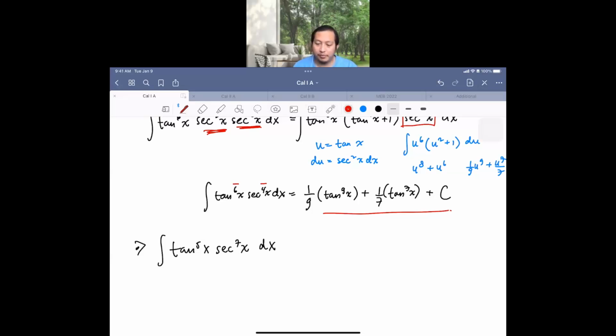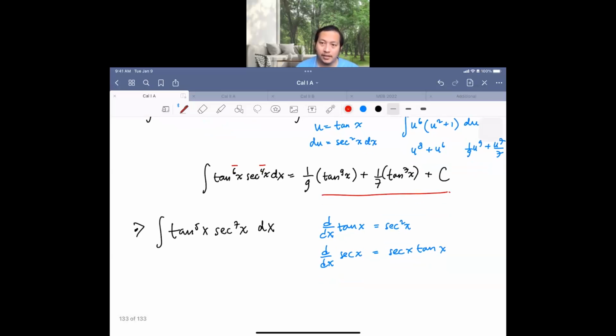Let's separate because remember, aside from the tangent, if we derive that it becomes secant squared. Aside from this, we also have the secant itself, right? And when we derive, this will be secant x tangent x. So what I want to say is, if we have these tangent secant variations, we are going to see some cancellations on this secant squared. This is our target to cancel.